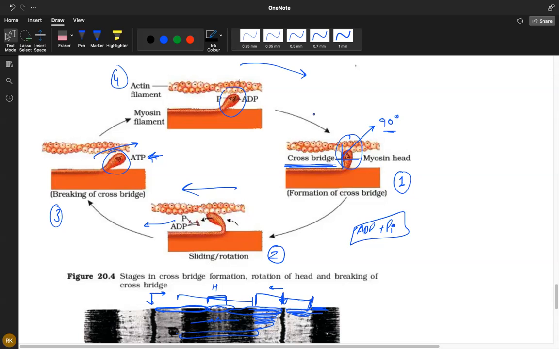Can you figure it out? How can you make this cross bridge formation, sliding, cross bridge breaking, coming back to the original state, again cross bridge formation, then again sliding, stop? How can we do that? Jania?